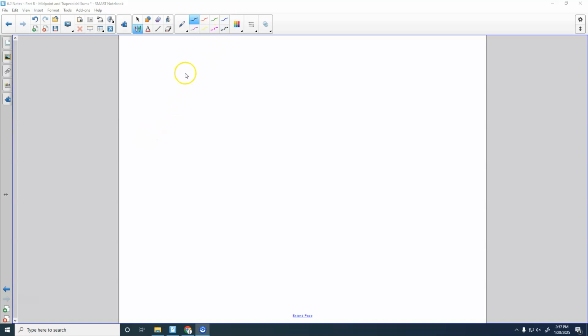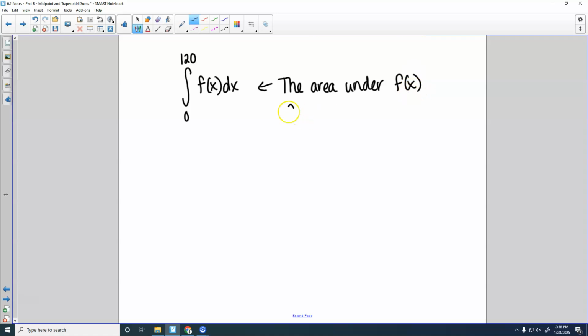Calculus symbol. So when you look at those problems, you are going to have something like this, and you'll have maybe a 0 to 120 and f of x dx. This means the area under f of x from x equals 0 to x equals 120.